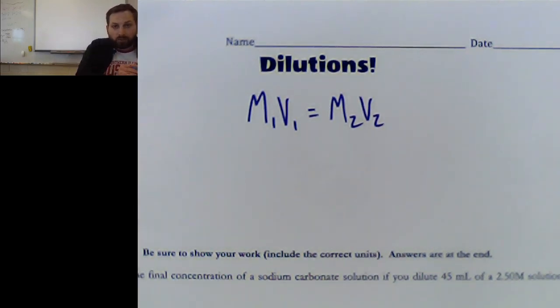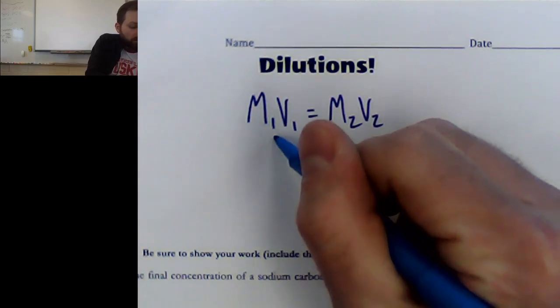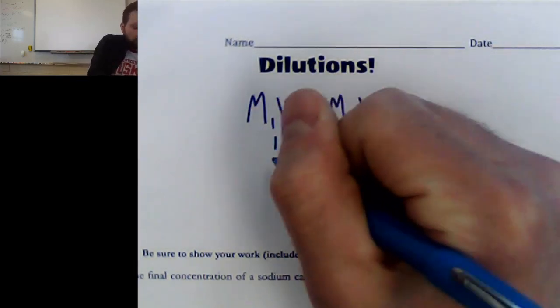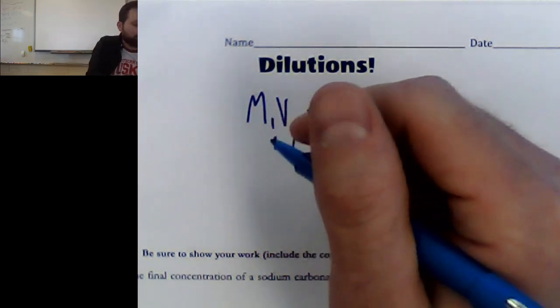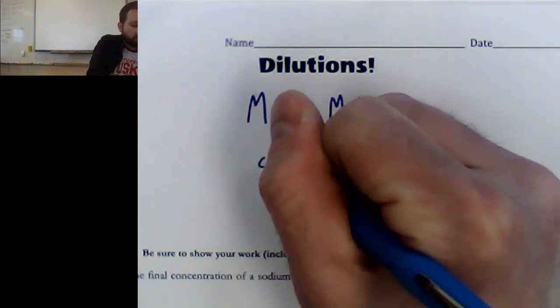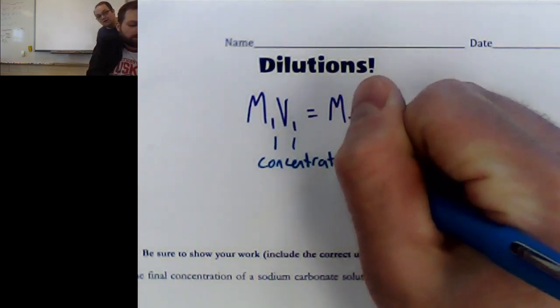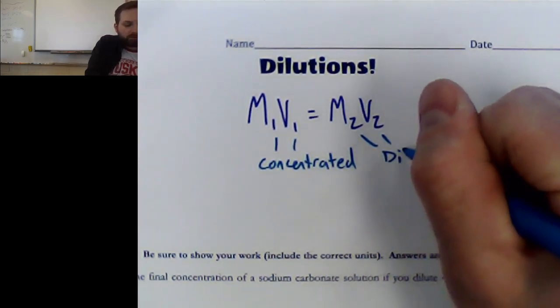If you remember Boyle's Law, this looks kind of like a Boyle's Law problem. So you have your ones and twos. Ones will be for concentrated. Twos will be for your dilute solution.